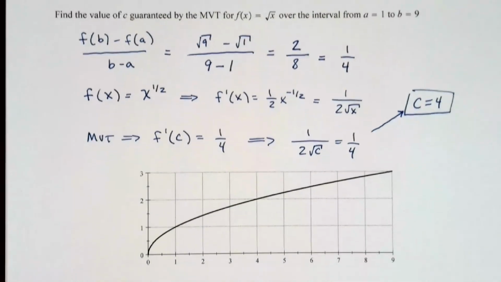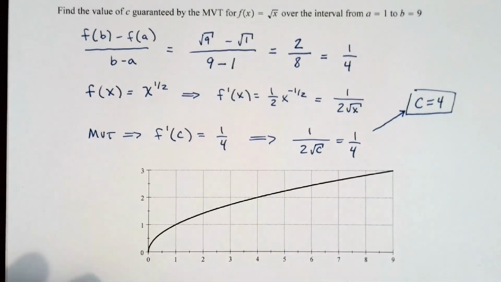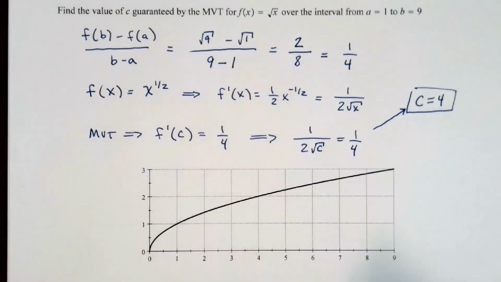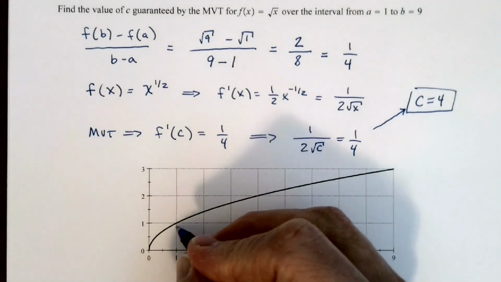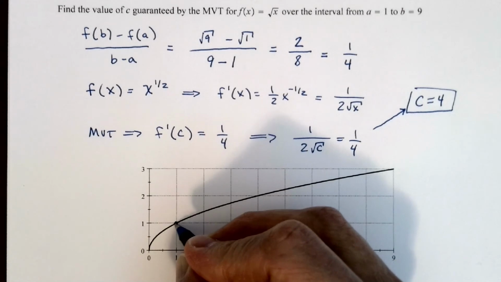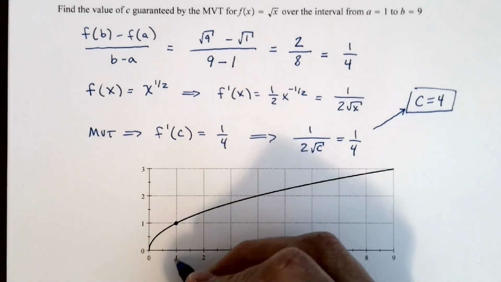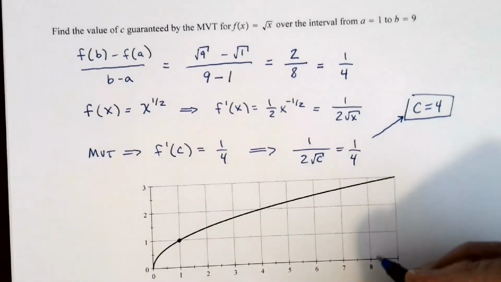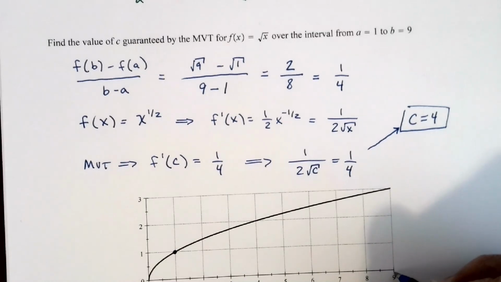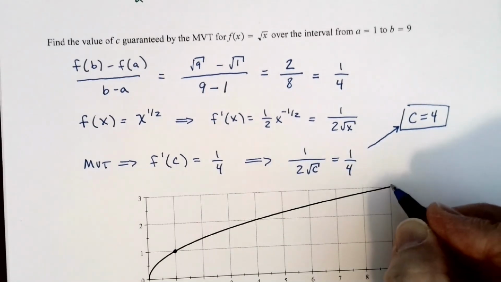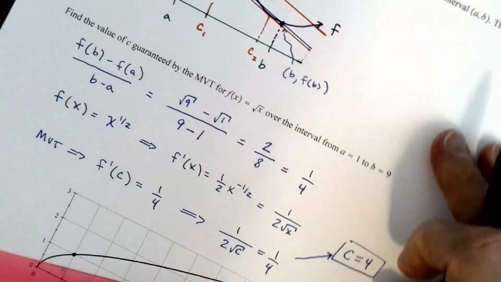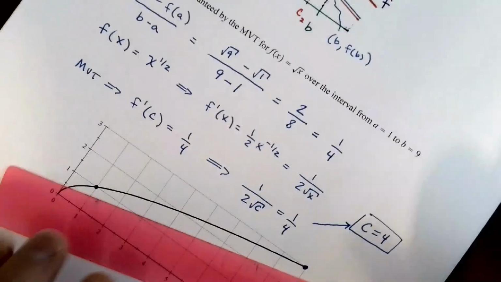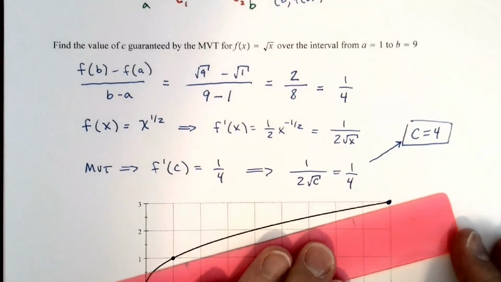So I'll just show you this picture here. Here's the graph of the function, the square root of x, right here. And we were looking at the interval from 1, right, when x is 1, output is 1, square root of 1, to b equal 9. 9, square root of 9 is 3, is that point. And so if I were to connect these two, let me do that here.